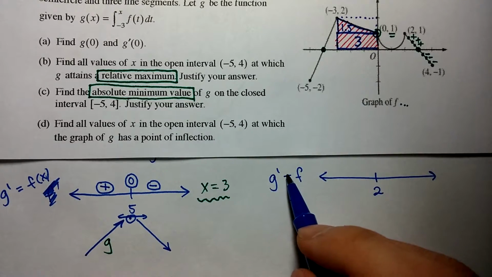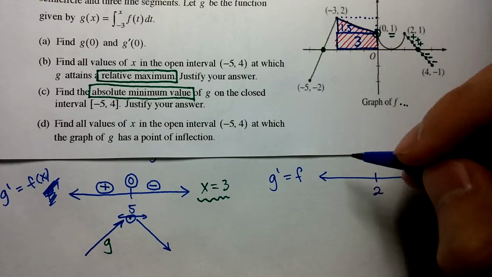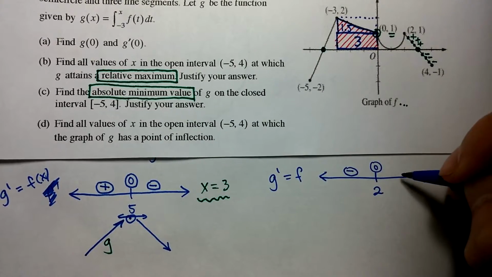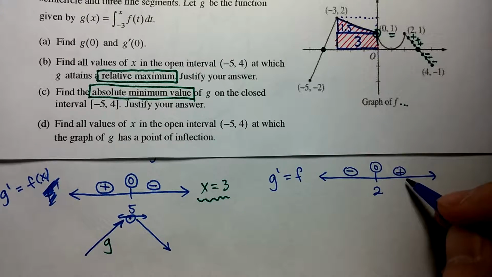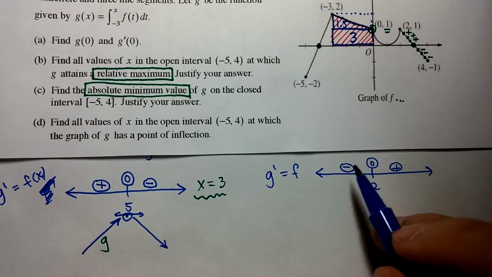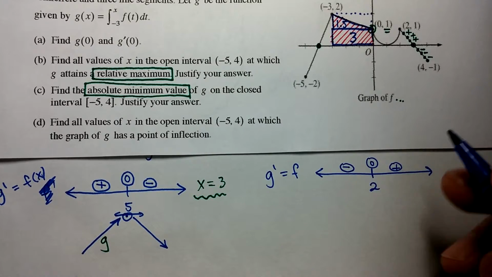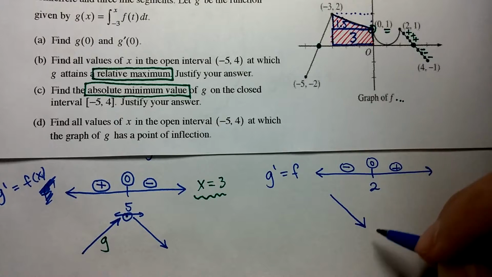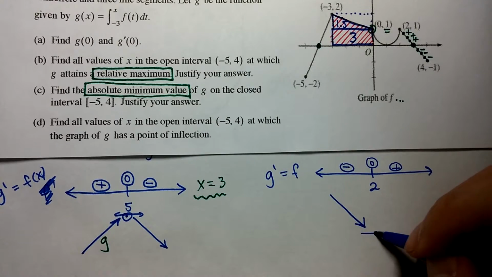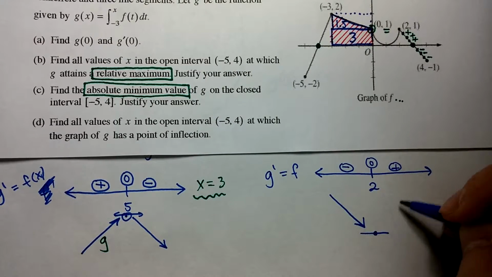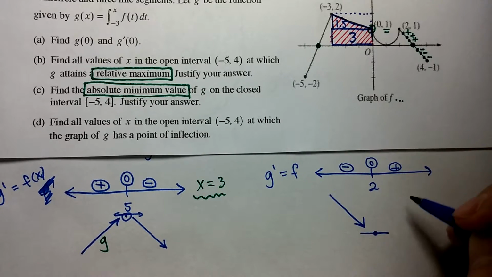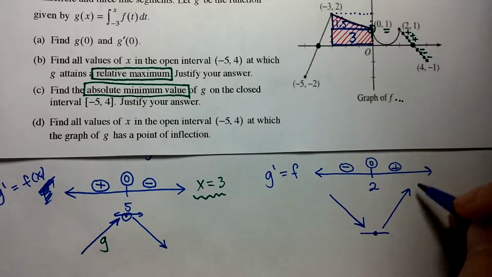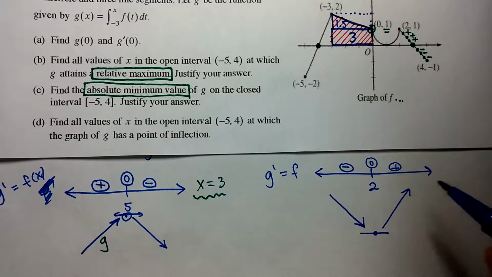Well, g prime must be negative, have negative values, cross through 0, and then have positive values for it to be a minimum, because negative values on g prime means that you are decreasing on g. Zero slope means that you have a zero slope, and then positive values on g prime mean that you are increasing, and this definitely forms a relative minimum here.